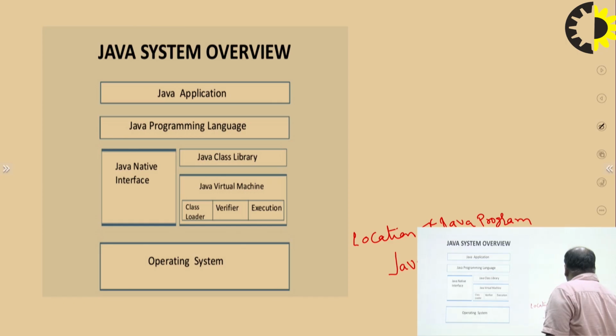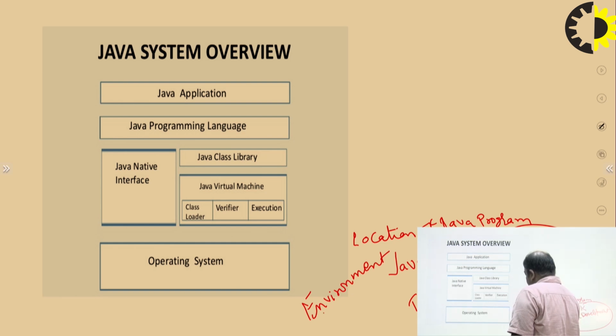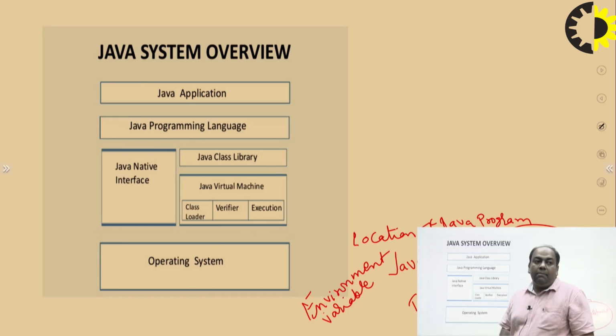First, we have to install it. Install the JDK. Then we have to set the environment variable using the control panel of your operating system. Through this we can run a Java program on the command prompt.